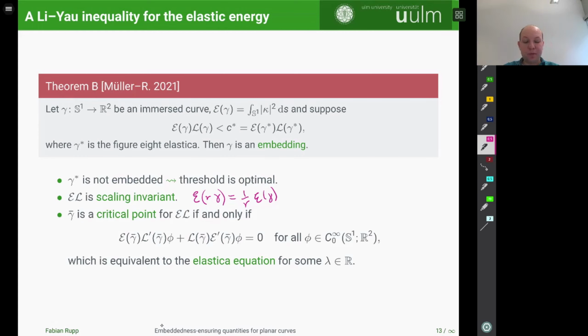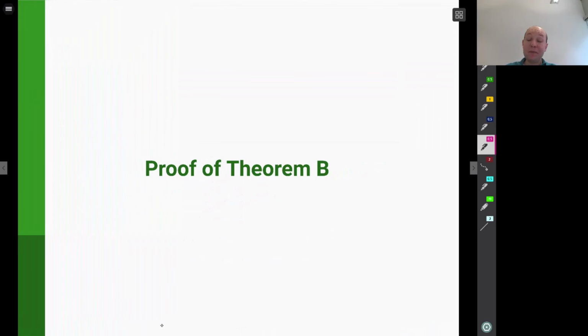Okay, so now let's dive into the proof of theorem B. The idea will be to use a variational method to obtain a minimizer for a certain problem, and then we will have to take a closer look at the properties of this minimizer, and we want to use the classification of elastica.